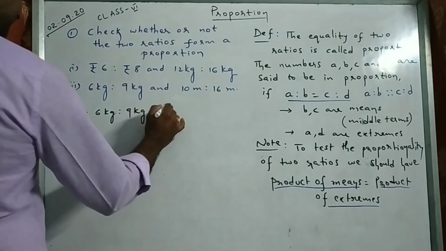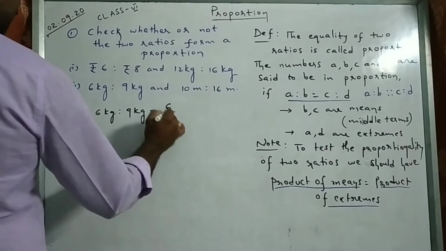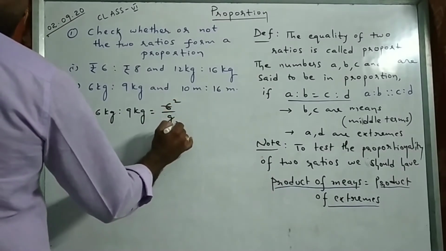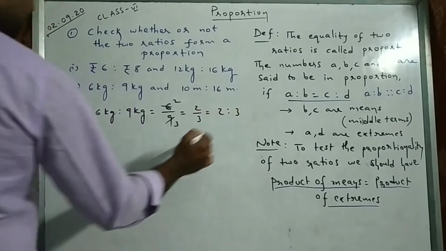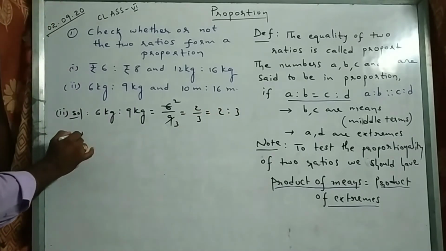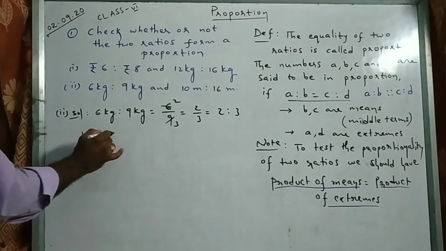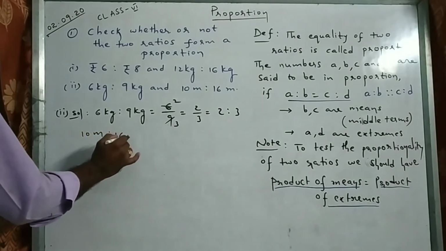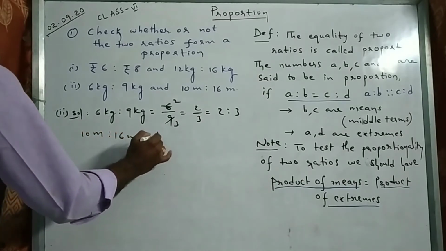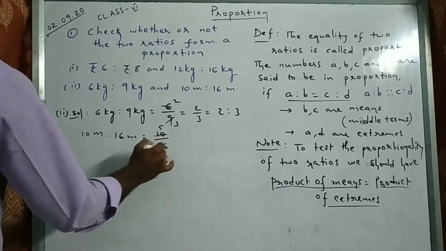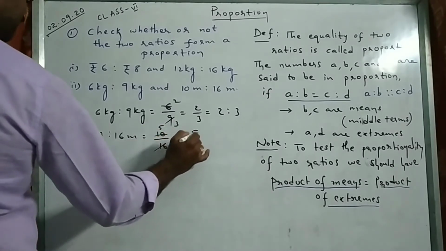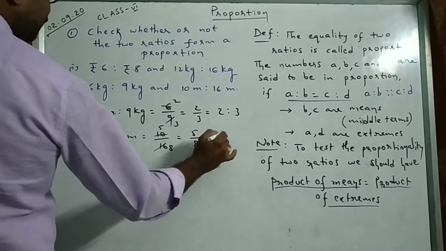Okay? So I can write 6 by 9. 3 2s are 6, 3 3s are 9. 2 by 3 is nothing but 2 is to 3. Second one is 10 meter, 16 meter. So I can write 10 by 16. 2 5s are 10, 2 8s are 16. 5 by 8, nothing but 5 is to 8.